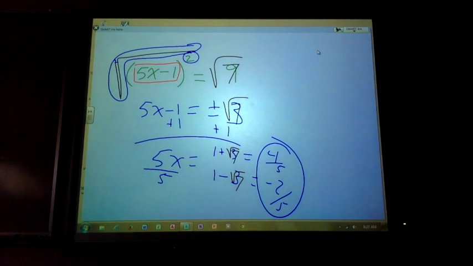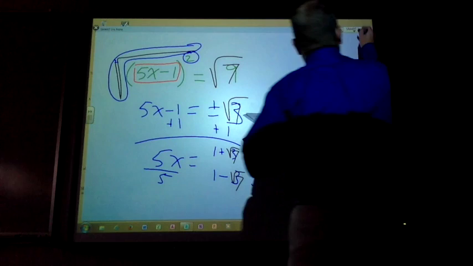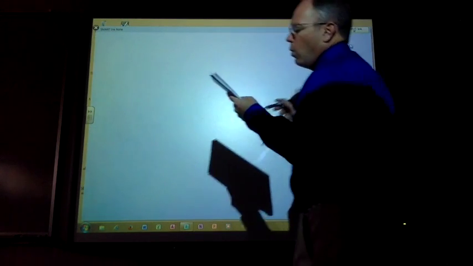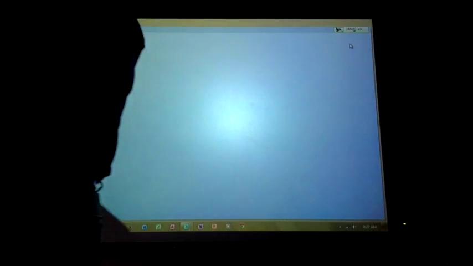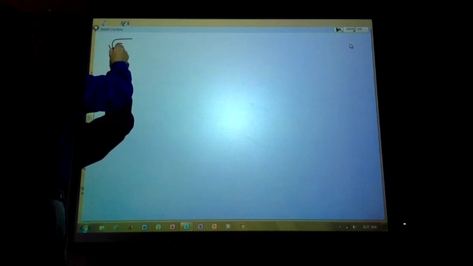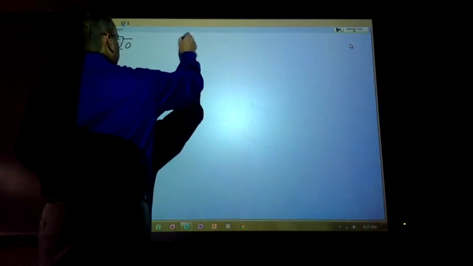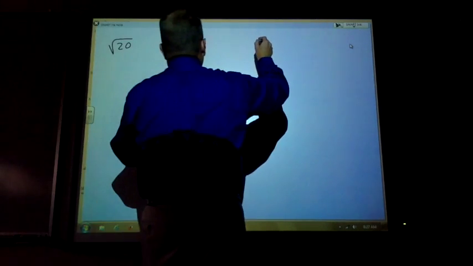Okay, so let's have you guys try 1 through 8 on worksheet number 7. That's on page 74, and I'll write them up. Try 1 through 8. I'll come around and help you if you need any help.